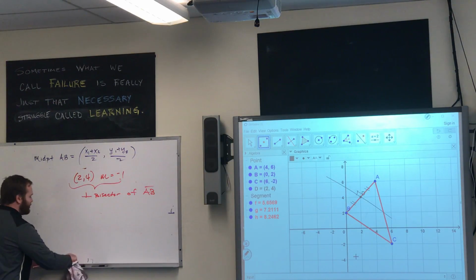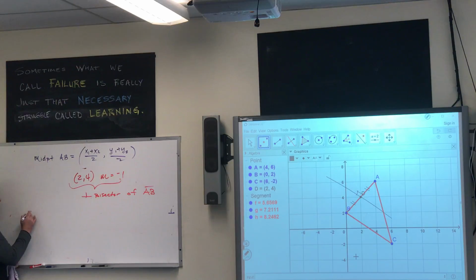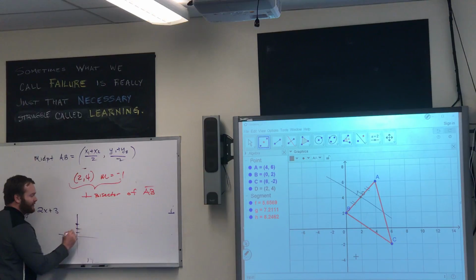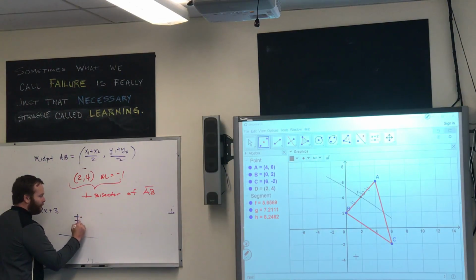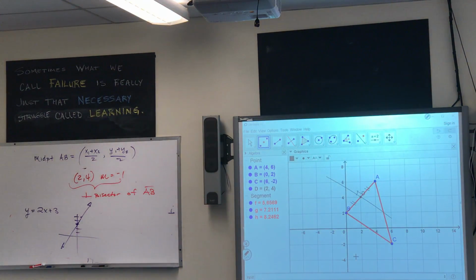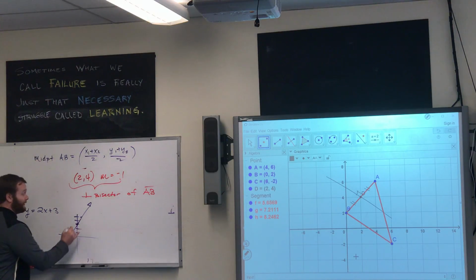An equation, don't write this down, just kind of watch. If I have an equation, y equals 2x plus 3, okay? We have an idea in our mind what that should look like, right? Going back from algebra 1, it should look like y-intercept of 3, rise of 2, run 1, and that's my line, right? But what a line really is, is a collection of a lot of ordered pairs, right? How many ordered pairs? Infinity. Okay?